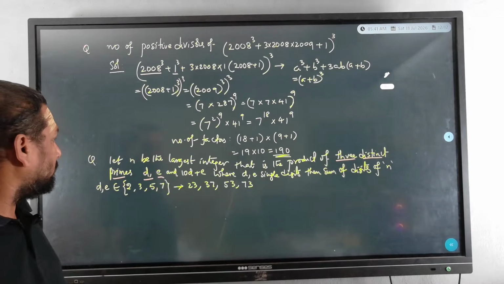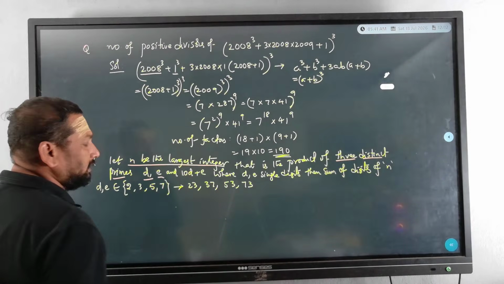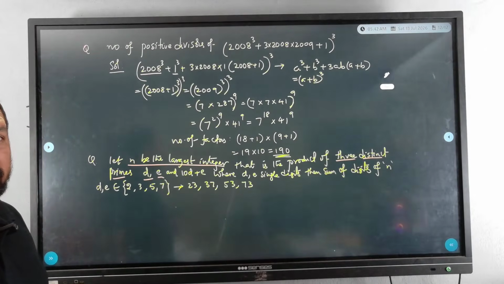So the given question is n is the largest integer.